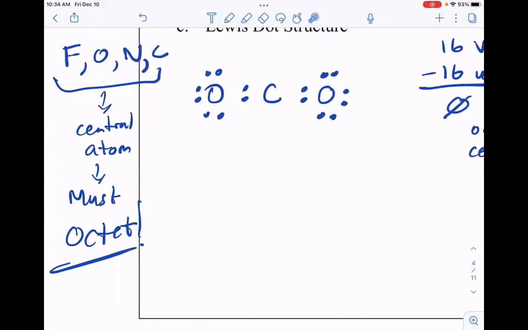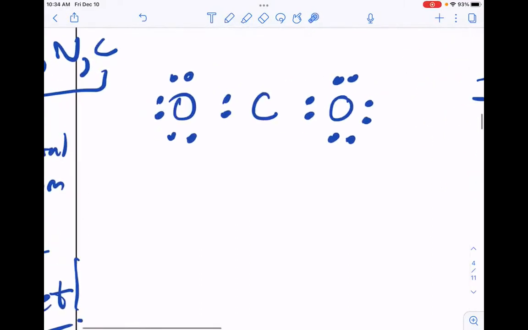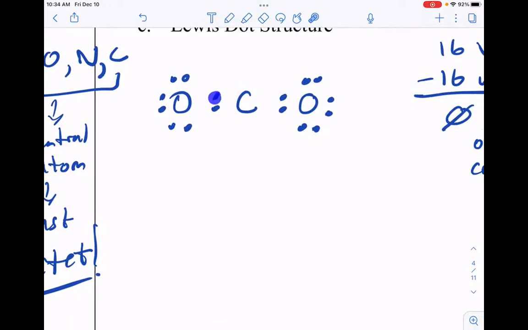Now, since there's only 4 electrons surrounding this carbon, this carbon is not happy, it doesn't have the octet. And so when you fall upon this situation, what you want to do is create double bonds and triple bonds.